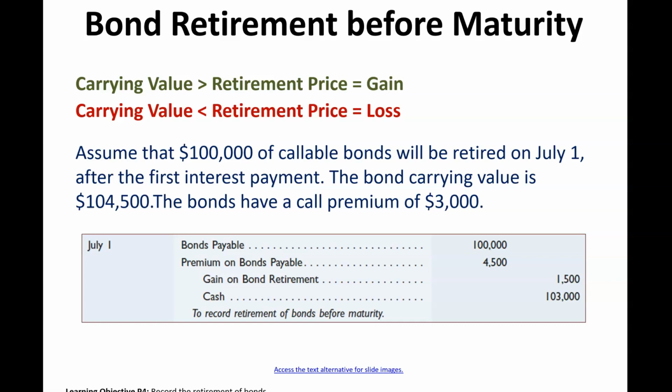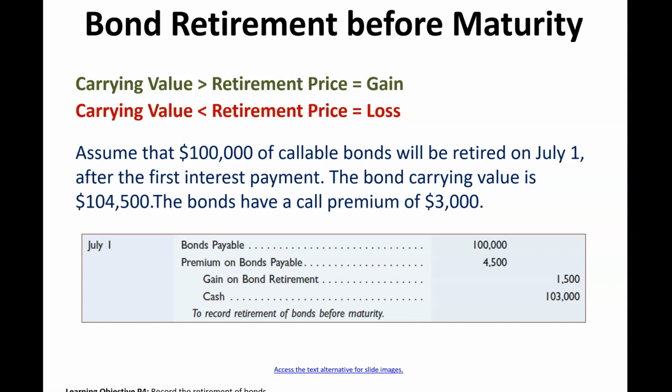A reason why they would want to call a bond is if the interest rates had changed to where the market interest rate is lower and the bond interest rate is higher, they can call all of their bonds and then reissue them at a lower rate and earn more money. So that would be one reason why they would want to call a bond. That's the only difference between a callable bond and a non-callable bond.